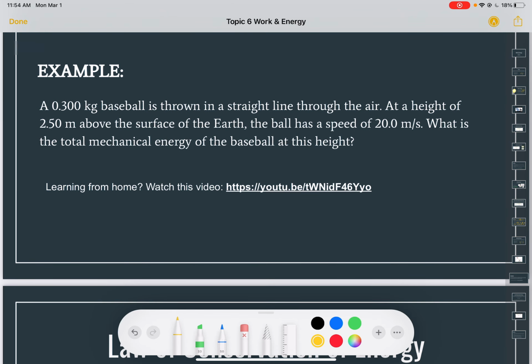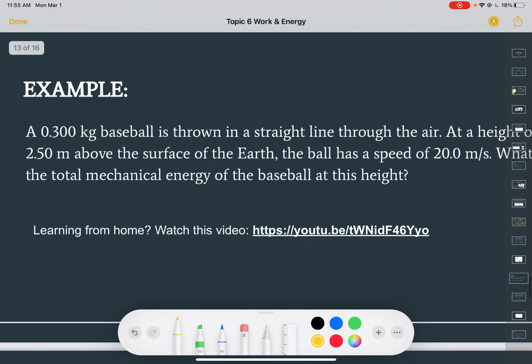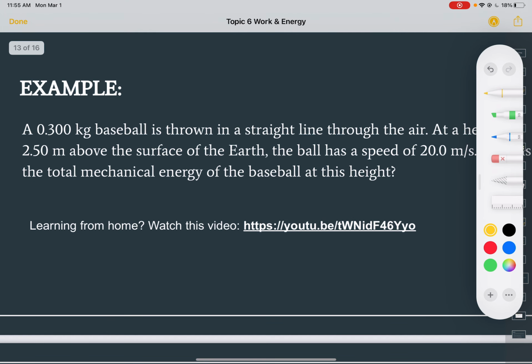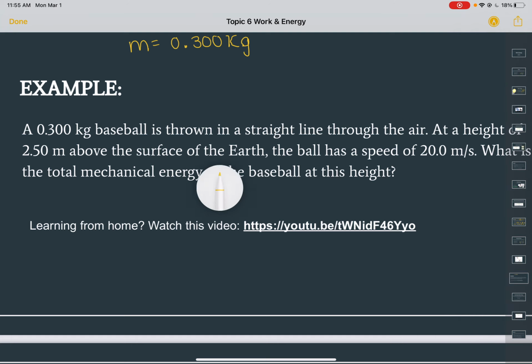So this gives us an example, and I will write stuff down as we read through. It says a 0.300 kilogram baseball, so its mass, is thrown in a straight line through the air at a height of 2.5 meters above the surface of the earth.